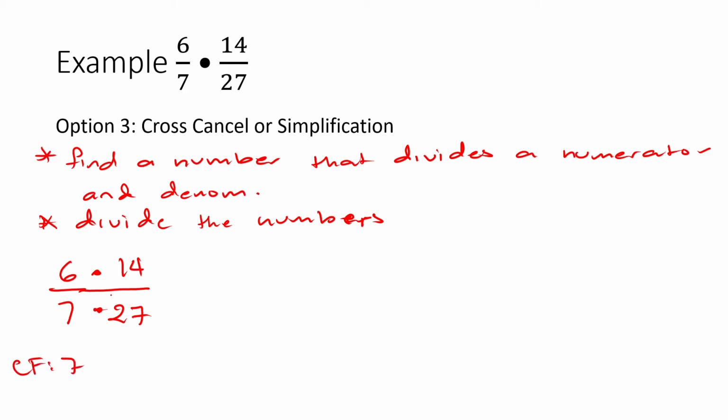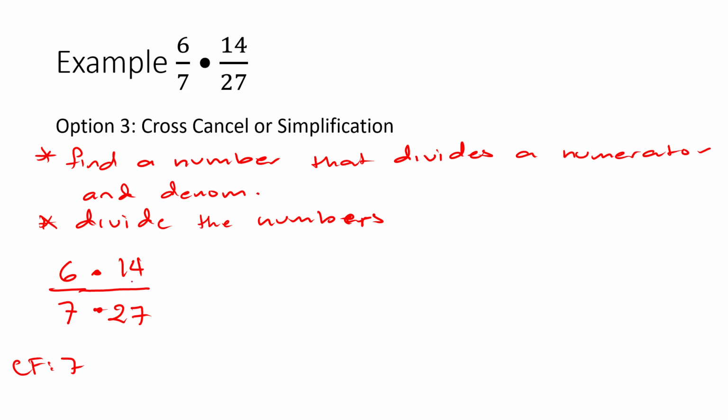That means they share a common factor of 7. For those people that follow the lessons, 7 is a common factor of 14 and 7. For those that didn't follow the lesson or just jumped straight into multiplying a fraction, 14 and 7 can be divided by 7. Okay, that's basically it.